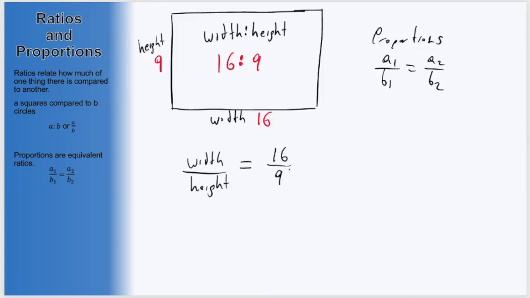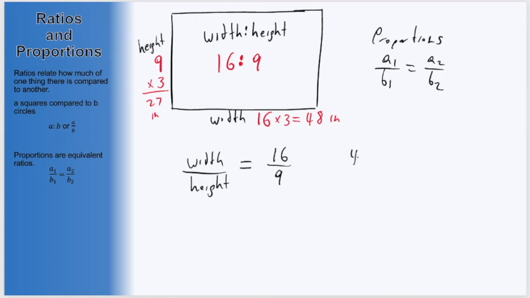in a proportion. Hypothetically, there could be a TV screen with dimensions that were equal to 3 times each of these numbers in our ratio. We could have a TV screen that was 16 times 3, giving us 48 inches in width, and a height of 9 times 3, giving us 27 inches in height. We could then make a proportion out of these dimensions.